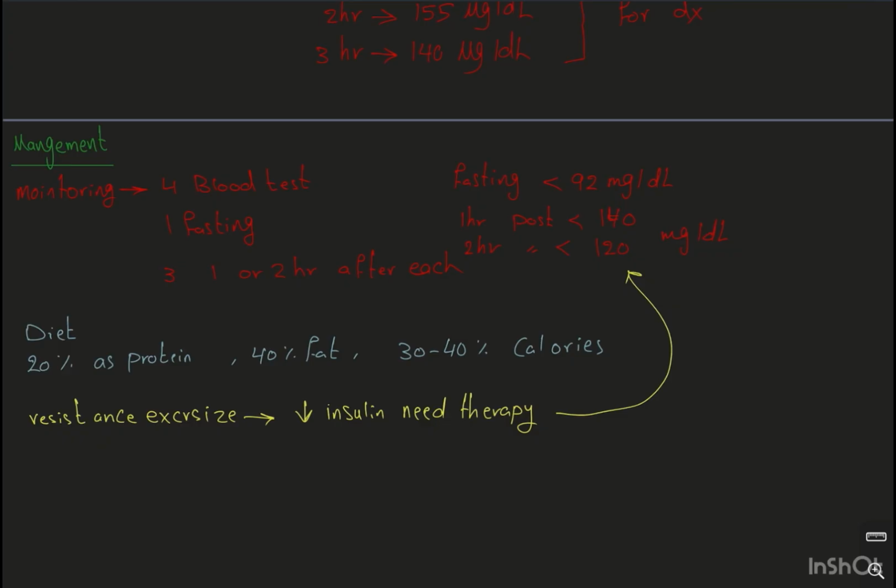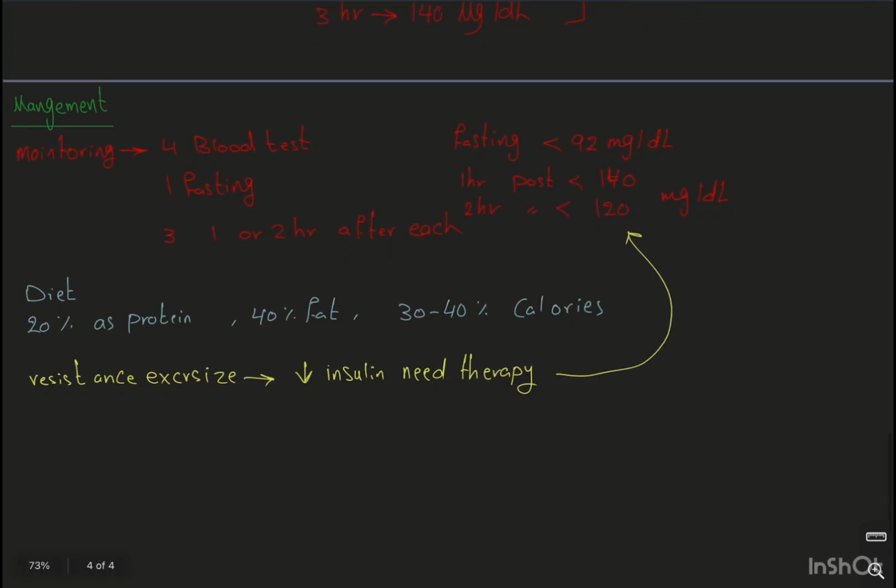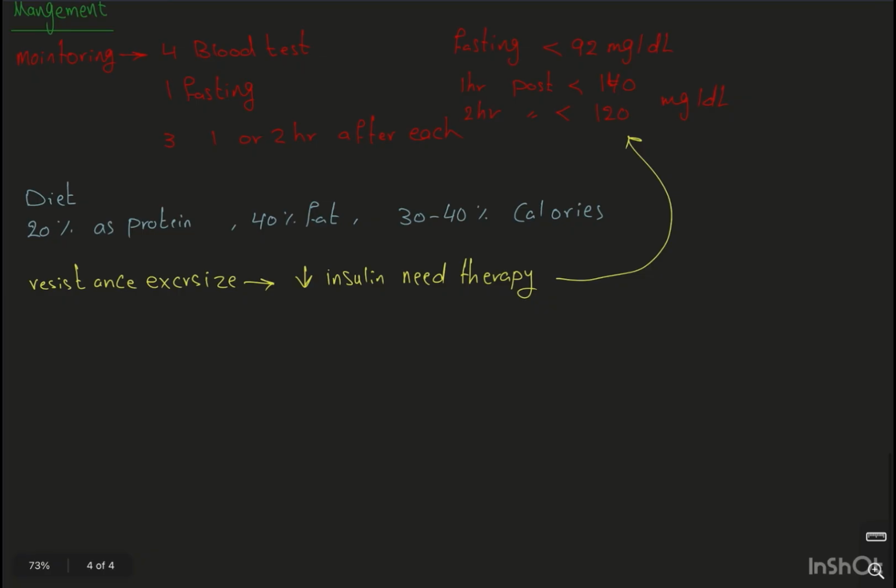The first line treatment is insulin, because insulin does not cross the placenta, and the insulin dose should be 0.07 to 0.1 unit per kg.